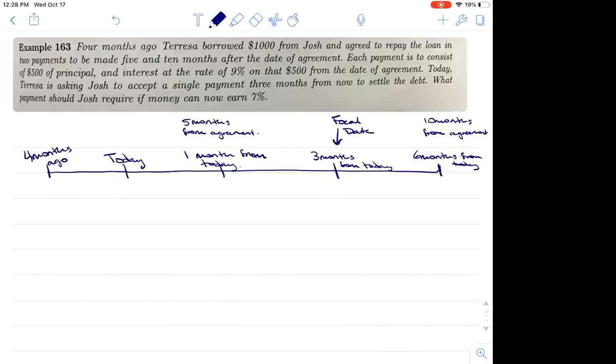But those $500 are being repaid at different times, 3 months from today and 6 months from today. So that's why we split up that 1,000 to 500 and 500. And so we can say that's going to be 500 here and 500 here for a total of 1,000 borrowed.